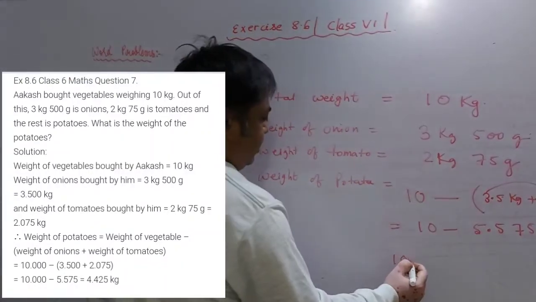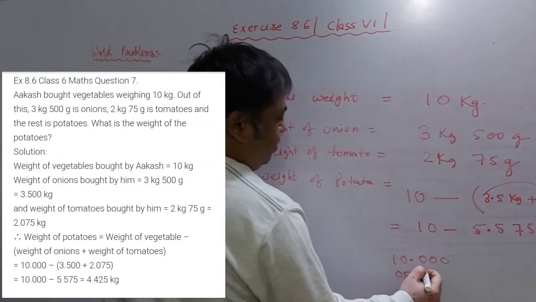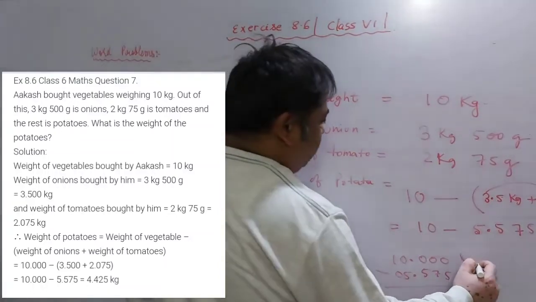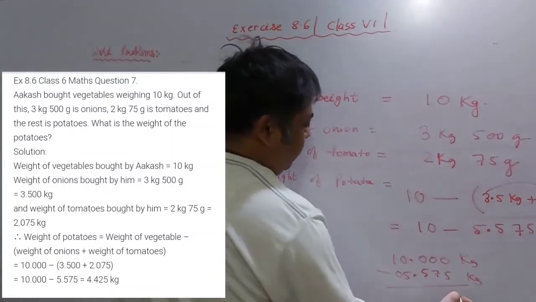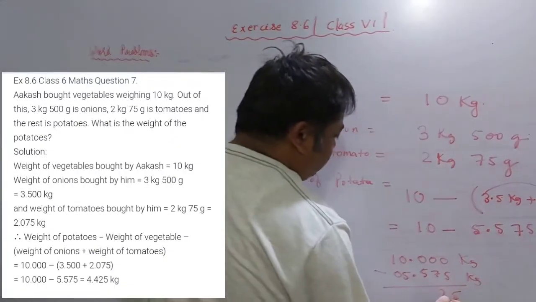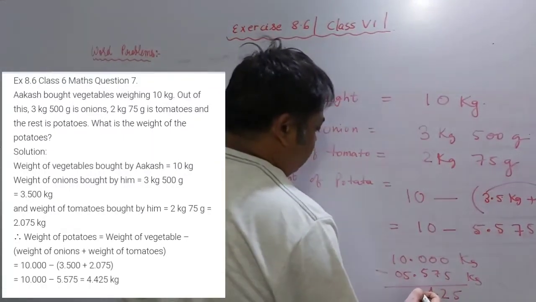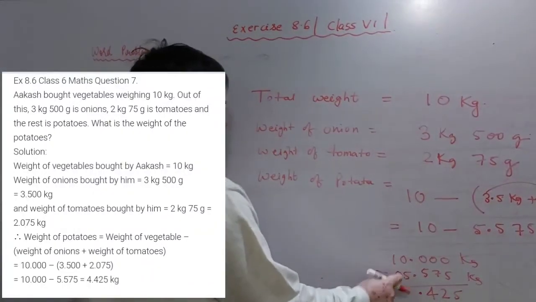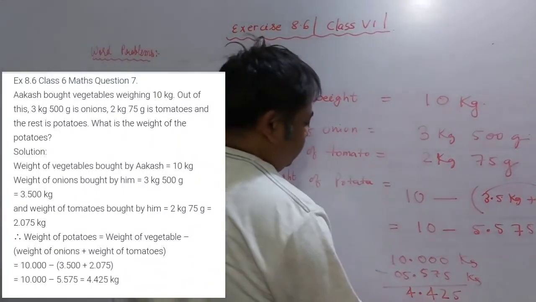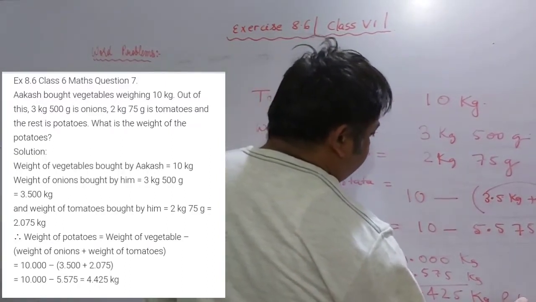Now it is easy, 10.000 and 05.575 kg. Subtract, it will become 5. This will become 9 minus 7, 2. 9 minus 5 equal to 4. And 9 minus 5 is equal to 4. So this much kg of potato was left.